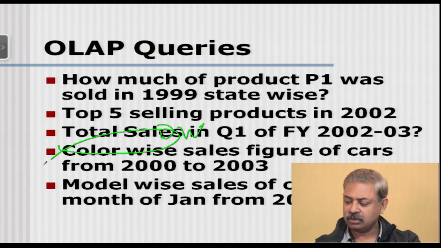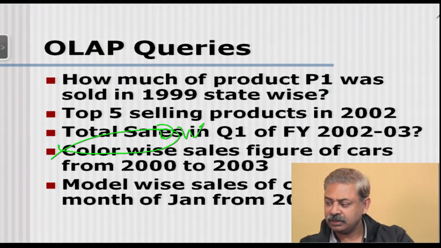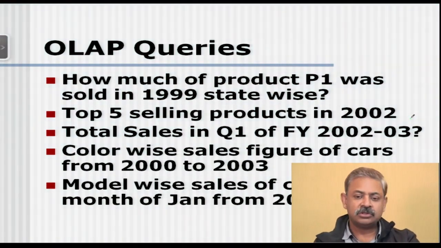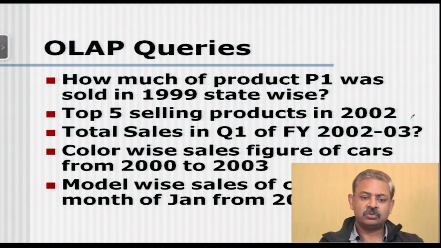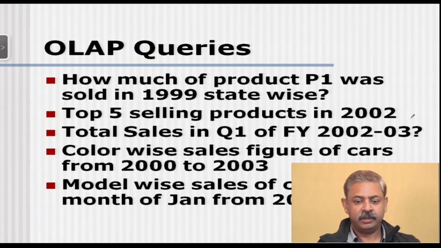So let me now talk about OLAP queries. Let us see what typical OLAP queries look like. You can see how much of product 1 was sold in 1999 state-wise. This is a typical OLAP query, and you can imagine how much data would be required for answering it.